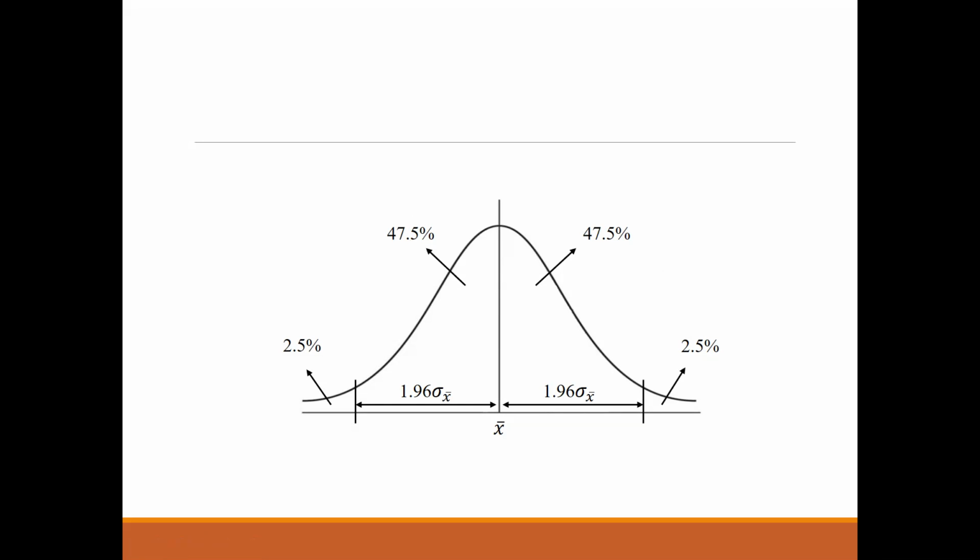Now, as I said, at 90% level of confidence, you'll find that it is 10% level of significance. And in case of 10% level of significance, the value of Z is given as 1.645. Okay. And sometimes it is also used as 1.65. I'll just show you that.